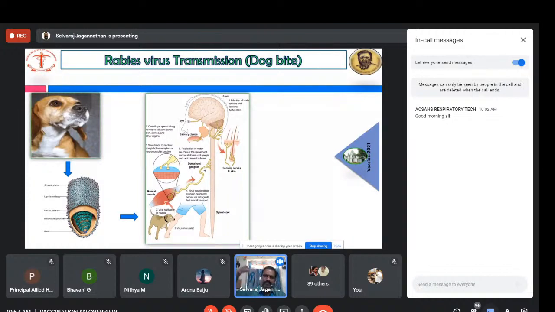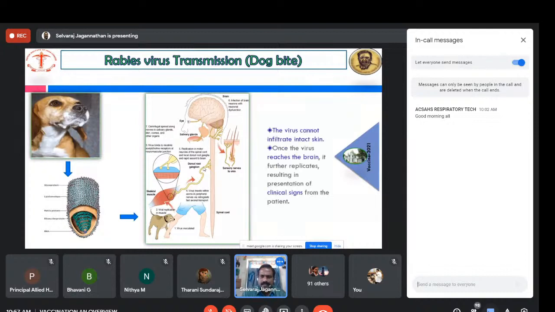Once it crosses the blood-brain barrier, it immediately infects neurons, and multiplication is much greater compared with other parts of our body. So there is immediate dysfunction of the brain system. Everything stops because of the rabies virus multiplication.